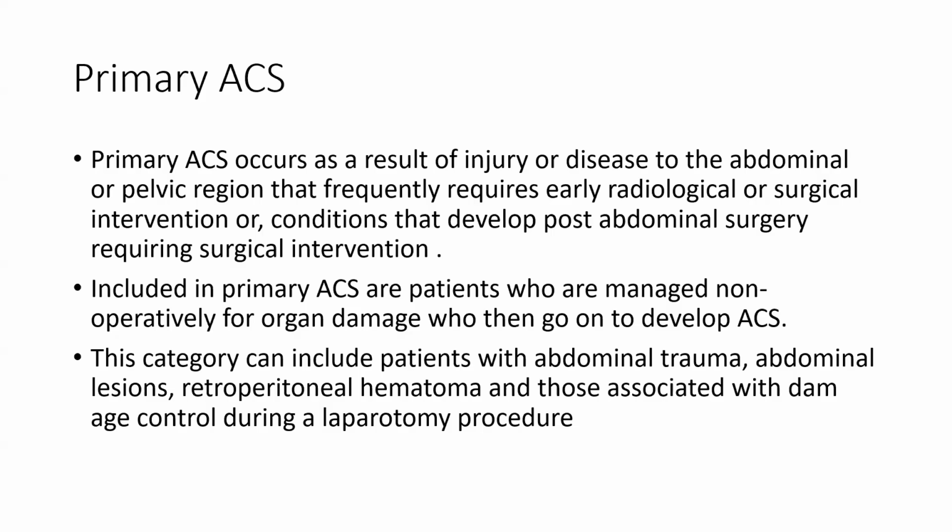Included in primary ACS are patients who are managed non-operatively for organ damage, who then go on to develop ACS. This category can include patients with abdominal trauma, retroperitoneal hematoma, and those associated with damage control laparotomy procedure.